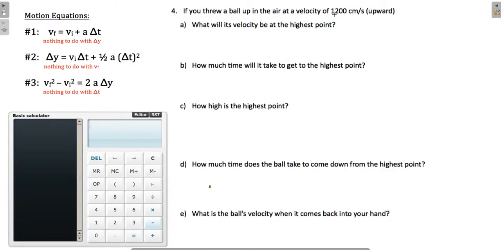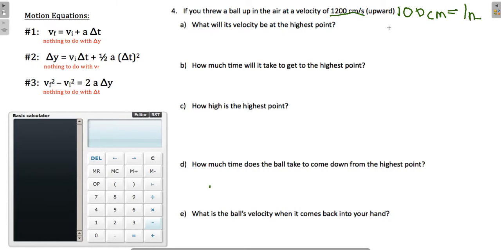They told us that we're throwing it with this speed of 1200 centimeters per second. Now, we have a problem already. We don't like centimeters. We like to use meters when we do these calculations, so we need to convert that very first thing. What you need to remember is there are 100 centimeters in 1 meter.